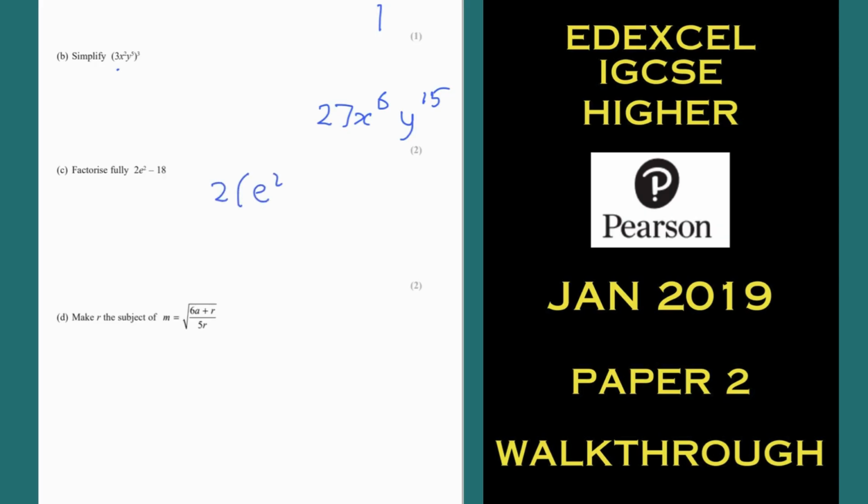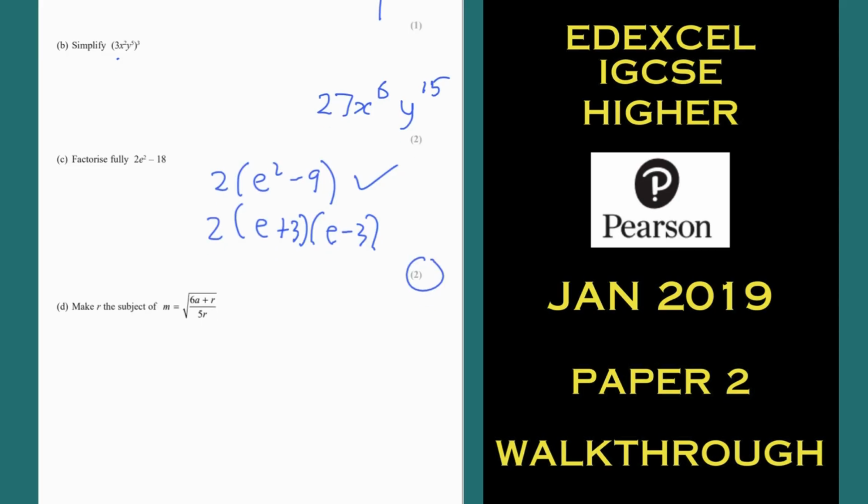I bet there are some people who would have stopped there because the only thing those terms have in common is a 2. But I'm afraid not. They are e squared minus 3 squared. So it's e plus 3 and e minus 3. That would have only gotten you a mark. That's where the 2 marks come from.